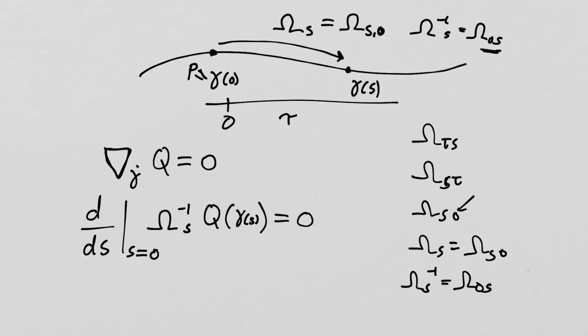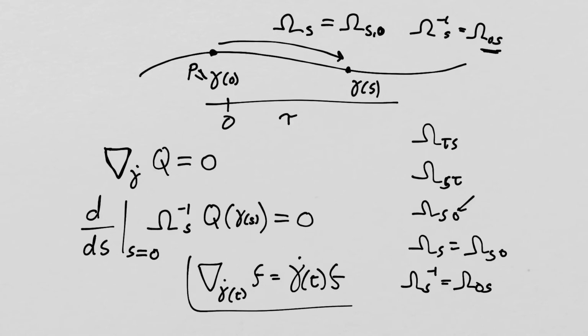Now another thing we always have to keep in mind is that for 0,0 tensors, this guy here equals this vector acting on f. Remember that rule always exists for when f is a 0,0 tensor or a function on the spacetime: the covariant derivative in the direction of the curve is the tangent vector to the curve acting on the function.